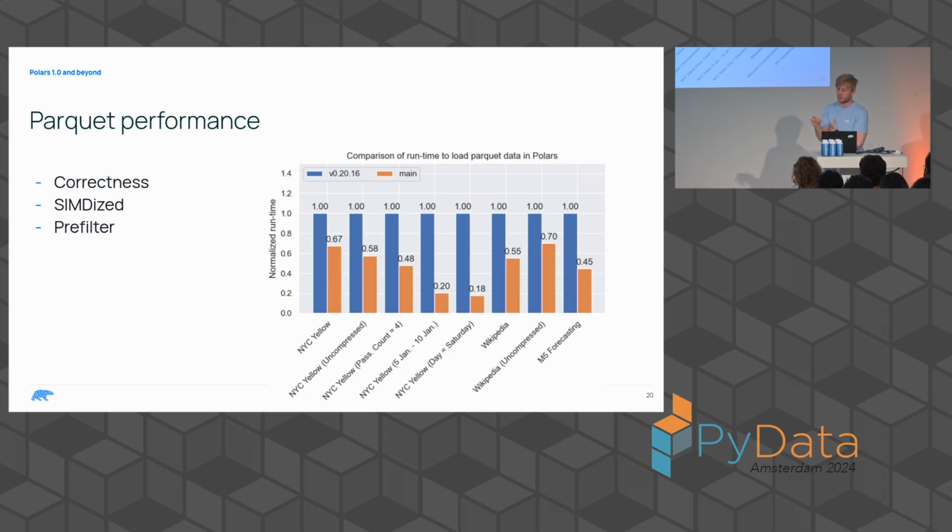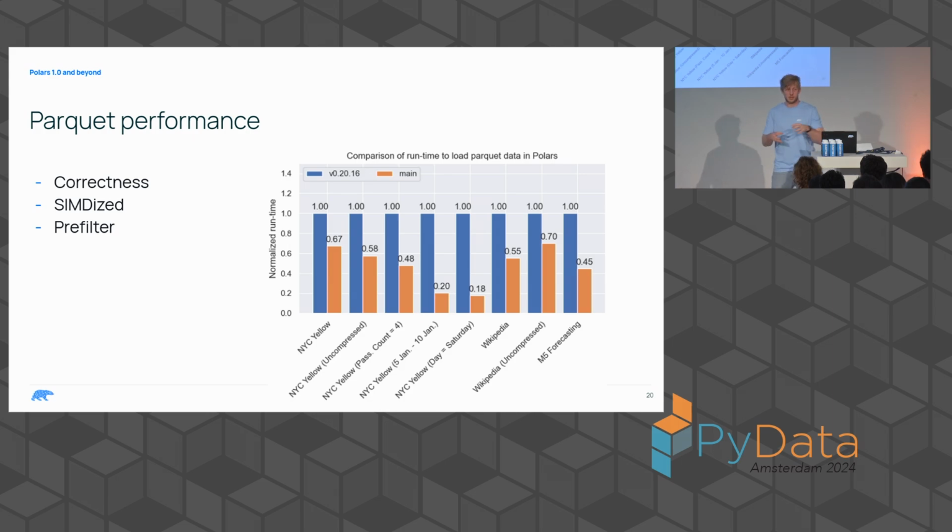And we have a pre-filtering optimization. That means that in a Parquet file, you have different chunks of data, and if you load a chunk of data, you then need to filter the rows you selected. You can also get a data dependency in there. So what you can do is first create a mask of the rows you want to filter on the predicate.